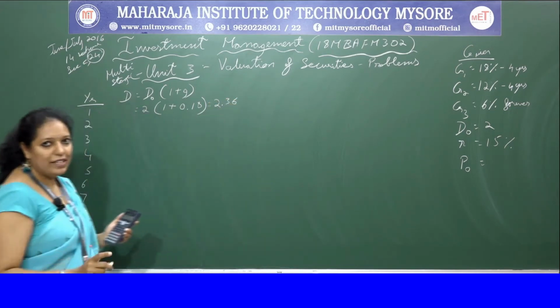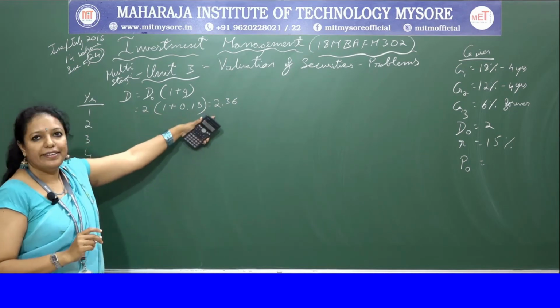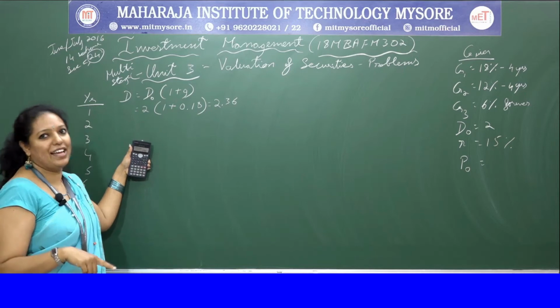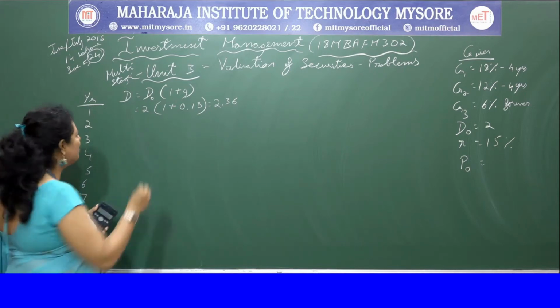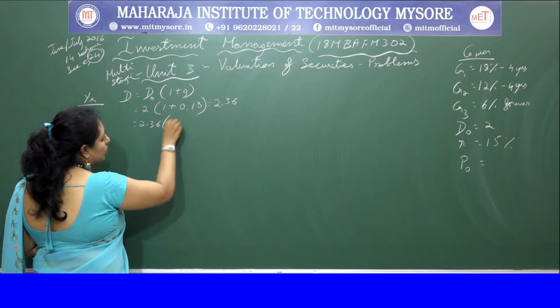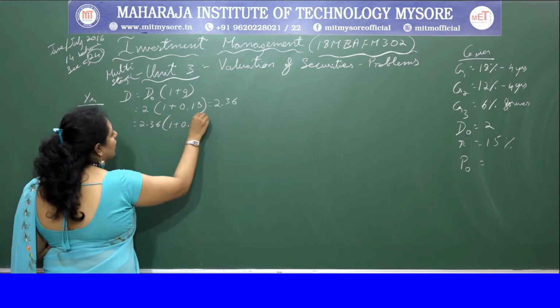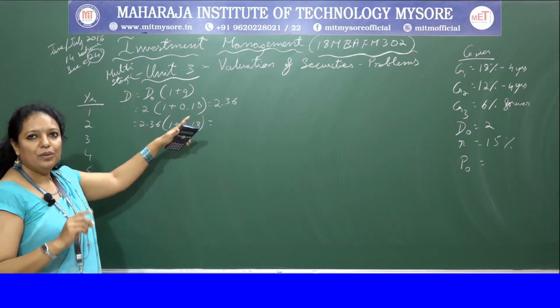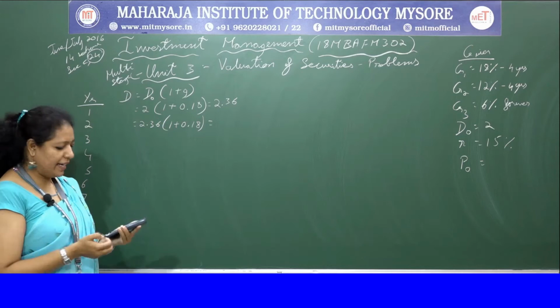This is the first year's dividend, and that will be the D naught for the second year. So the first year's output will become the input for the second year.